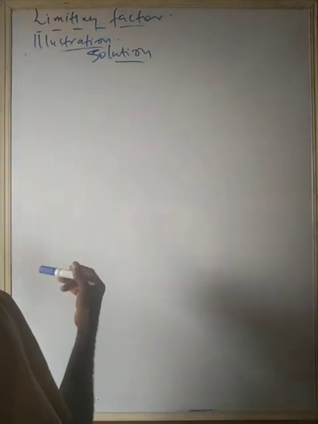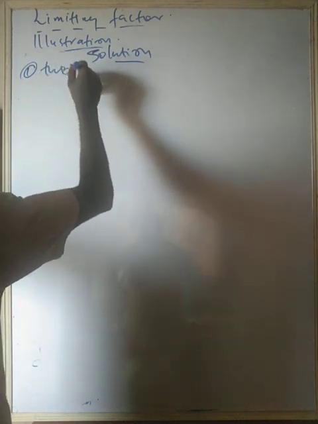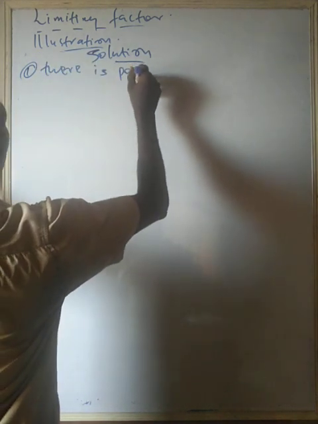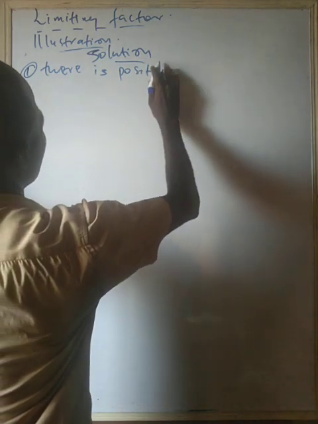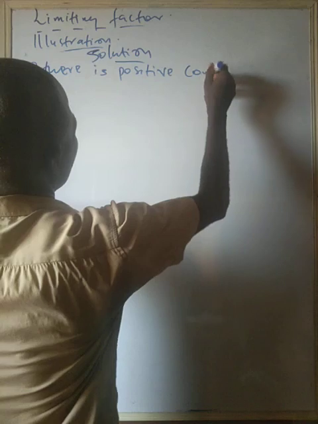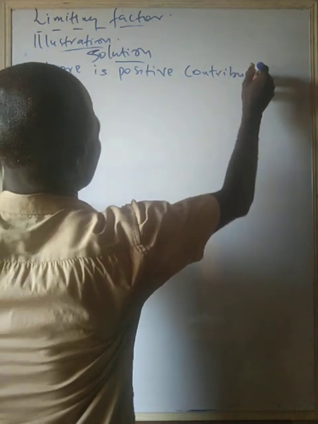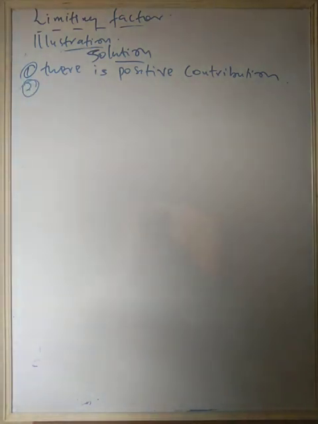For the solution, what we need to first of all consider is whether we have positive contribution. In that question, we have positive contribution. So we also need to consider what our constraint is. 1, there is positive contribution. 2, what's our constraint?